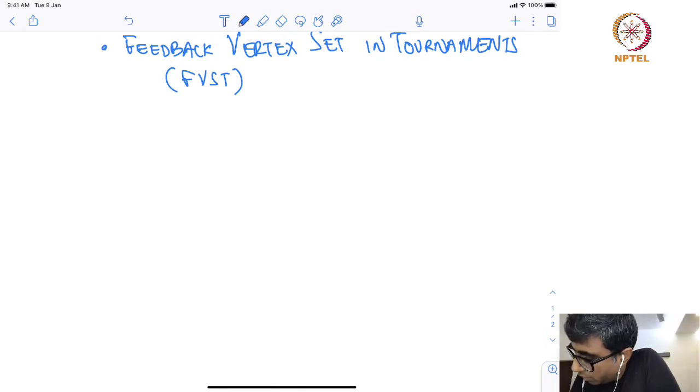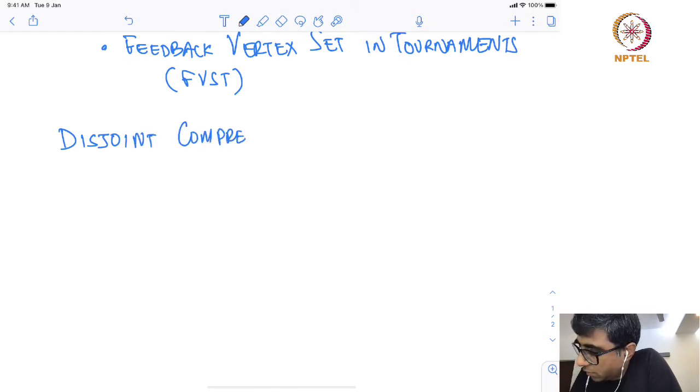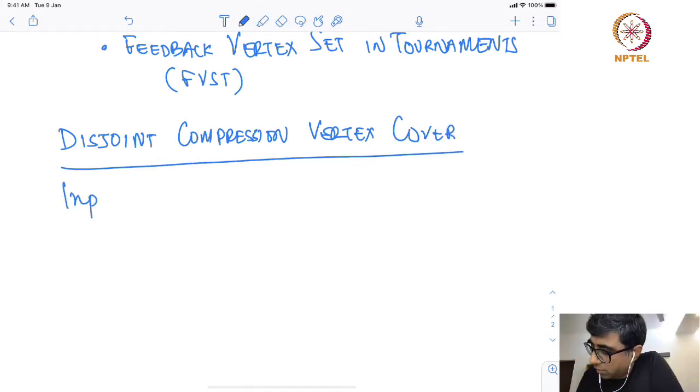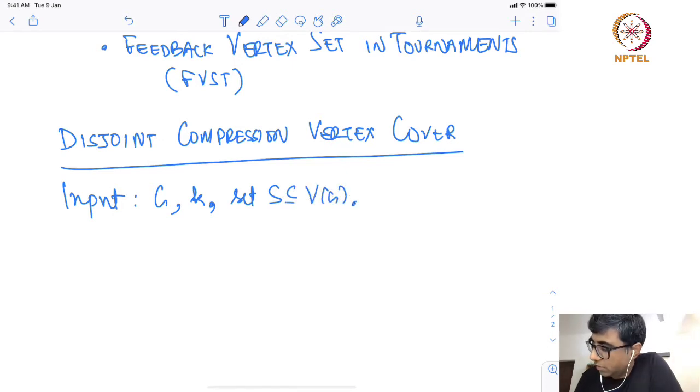Disjoint compression vertex cover. Right. So, what is in the disjoint? Input is G, an integer k, a set S subset of V(G), with |S| at most k plus 1, and G minus S is an independent set.